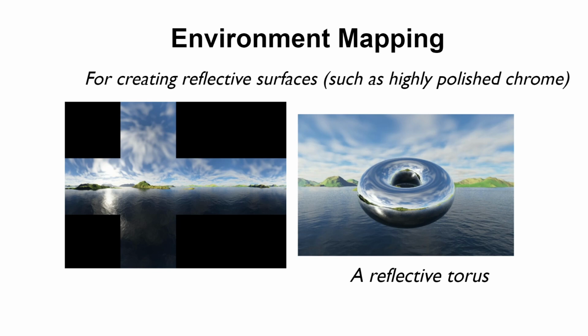But the next piece of it is, wouldn't it be great if the environment wasn't just something we looked out at, and instead could affect the surface of objects in the environment? The first one to tackle is, imagine you have a chrome surface, a torus made of chrome or a mirrored cube, something where we want to perfectly reflect what's in the environment.